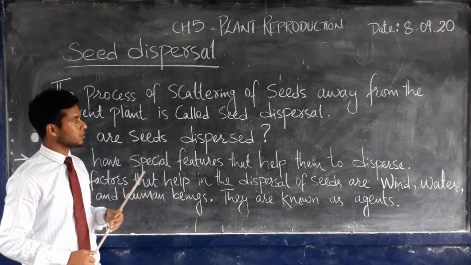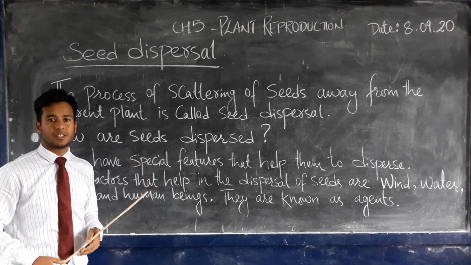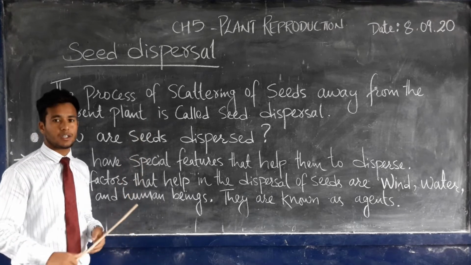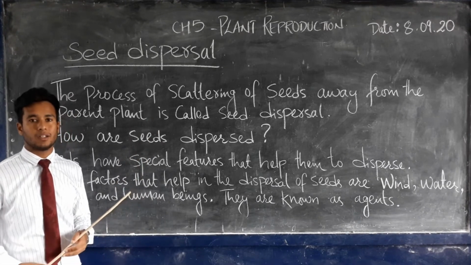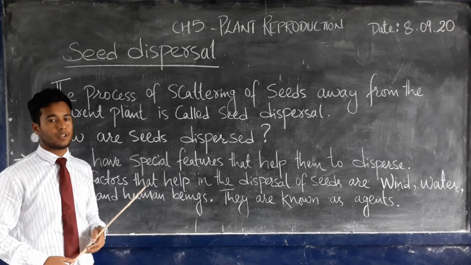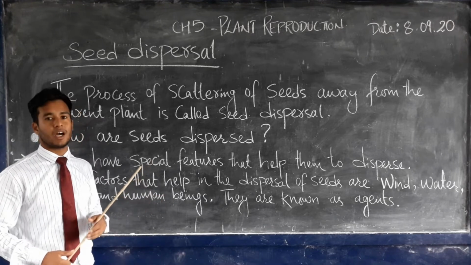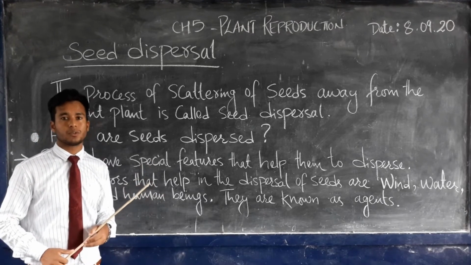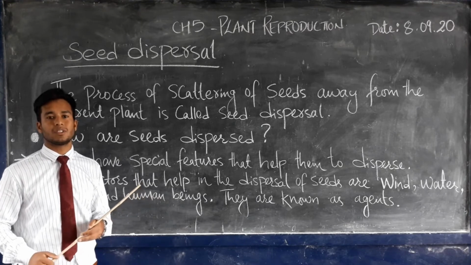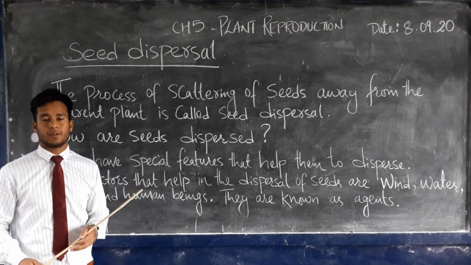If the seeds produced after fertilization fall under the parent plant, it will be overcrowded. If there are many seeds in a small area under a parent plant, there won't be enough nutrients for those seeds.